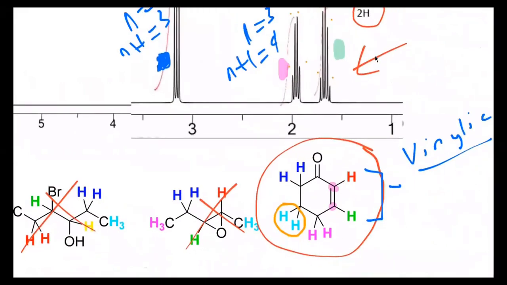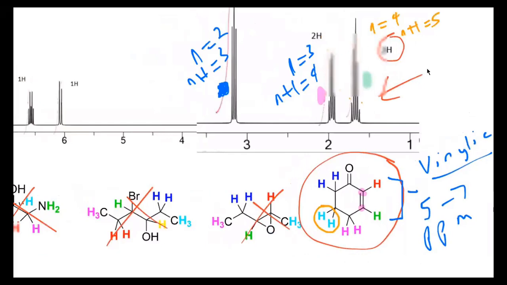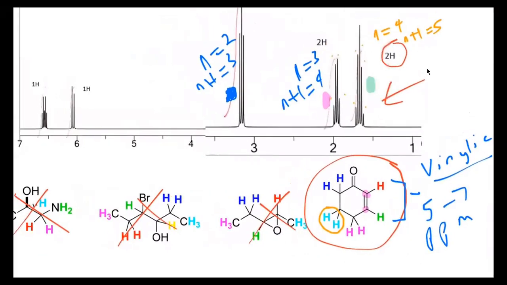But anywhere in that range, 5 to 7 parts per million, that's where those are going to show up. All right. So let's look at it. You see the integration for both is 1 hydrogen, right? Makes sense because you have 2 hydrogens here, 1 here and 1 here. But the question is, which is which, right?